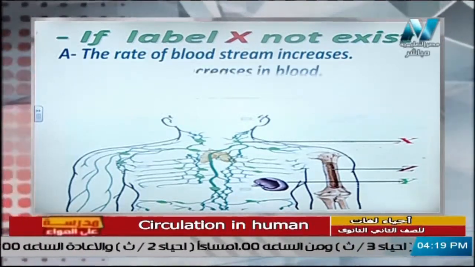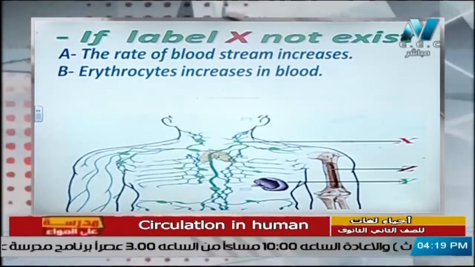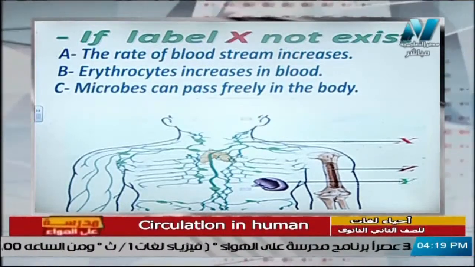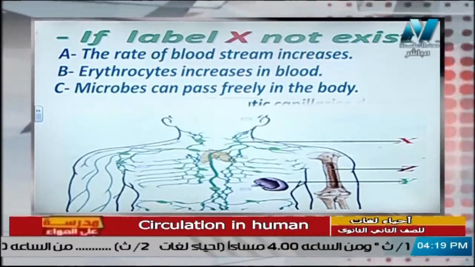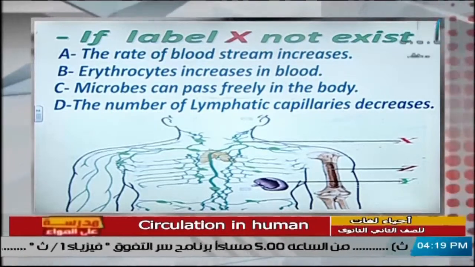Number 2, the erythrocytes increase in blood. Or number C, the microbes can pass freely in the blood. ولا D, the number of lymphatic capillaries decreases.